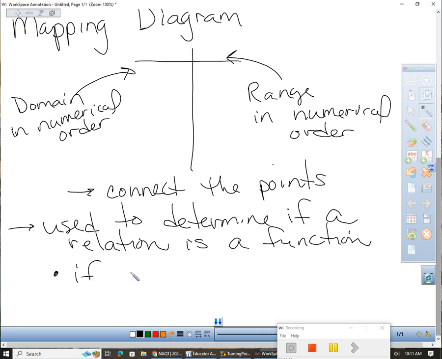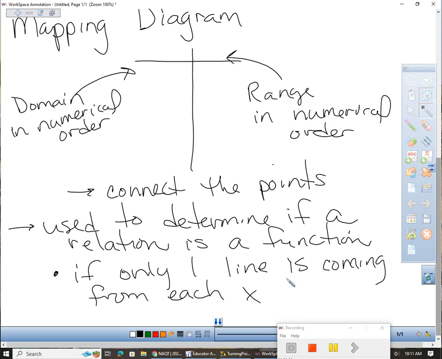If only one line is coming from every X, then we say yes.